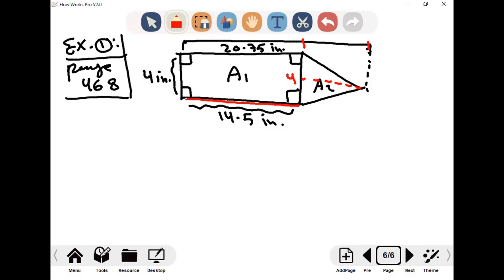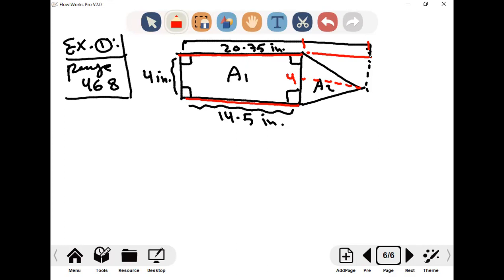How much is this? 14.5. I don't want 14.5, I want the rest. So I will do 20.75 minus 14.5. If you want the height, subtract the length from the whole distance.